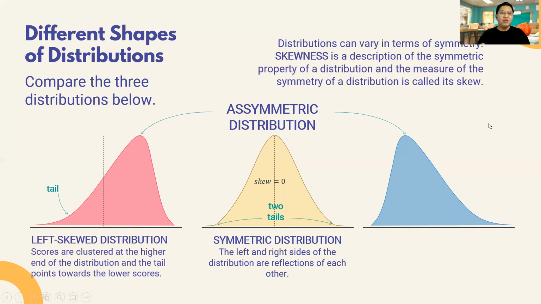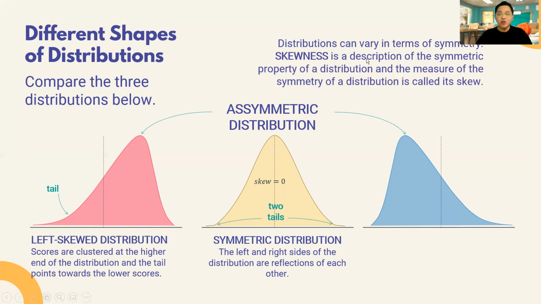So whenever we think about the direction of the skewness of the distribution, we always have to identify where the tail of the distribution is found. Because the tail is found on the left side, we say that the distribution is left skewed. What exactly does it mean if a distribution is left skewed?